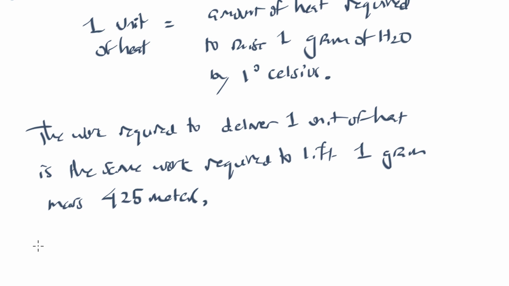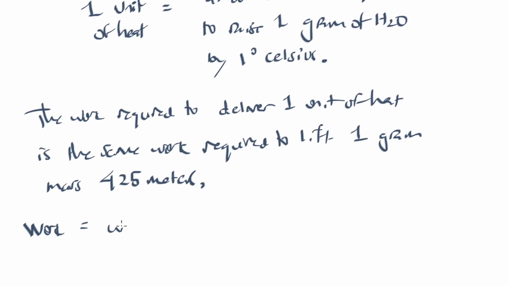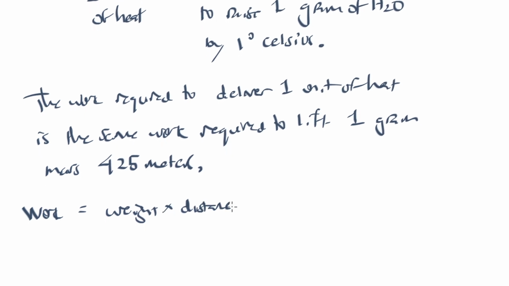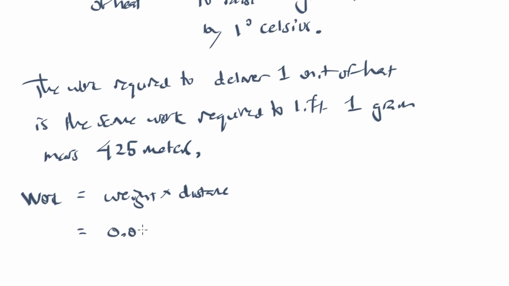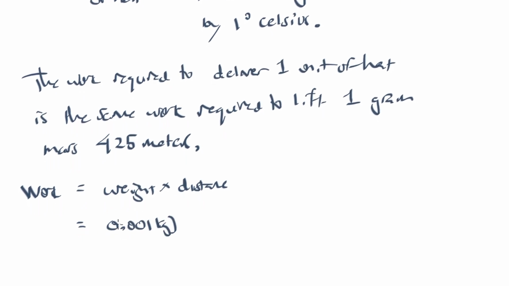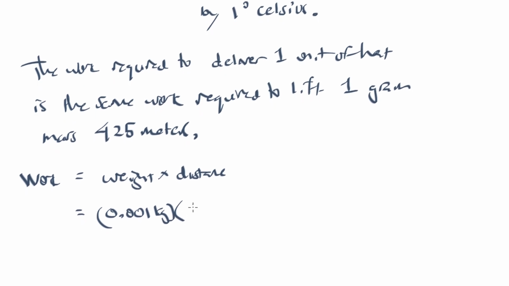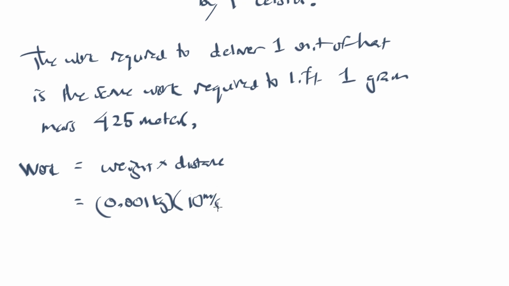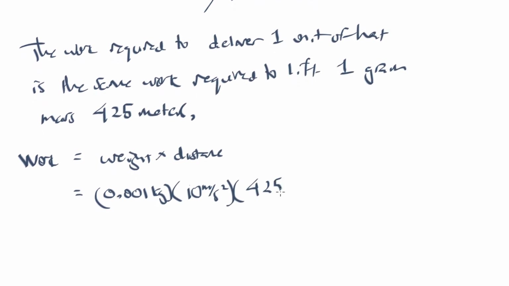So we could figure out how much work that is. Well, the work would be equal to the weight times the distance, right? That's how we compute work. And the weight would be, well, 1 gram is 0.001 kilograms. And if we want to convert that into a weight in newtons, we'd have to multiply by 9.8 meters per second squared. That's a conversion factor. I'm just going to round off to 10 meters per second squared, and I won't be too far off. And multiply that by 425 meters.